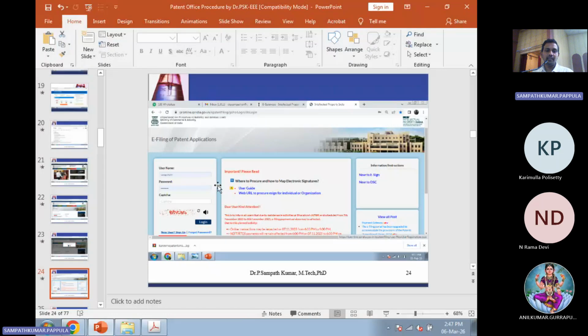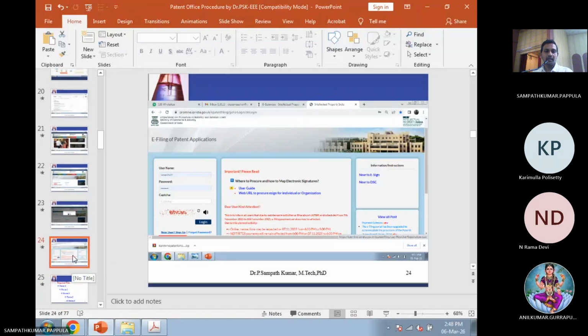So here you need to enter your username, password, and the particular captcha. What you used previously in the e-mudra, the same credentials are to be placed here. Using those credentials only, you need to log in to this site, right?